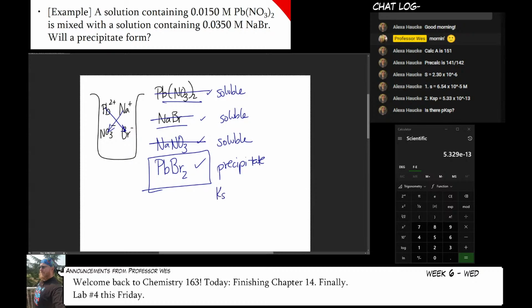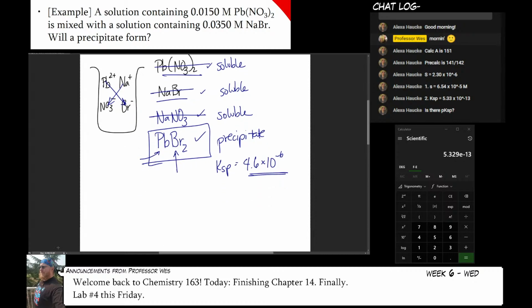So KSP is, I got to find it again, 4.6 times 10 to the minus 6. So if we have the concentration of lead and bromide, and we multiply all the numbers together and square and do whatever we have to do to calculate KSP, and it ends up being this number or greater, then the reaction will be driven back to the left in a precipitation form.